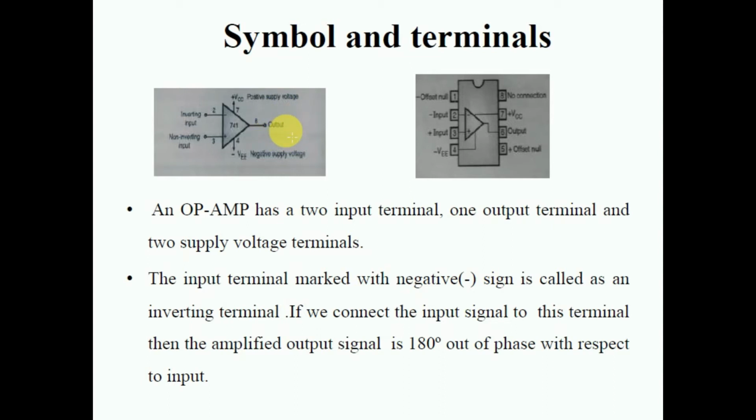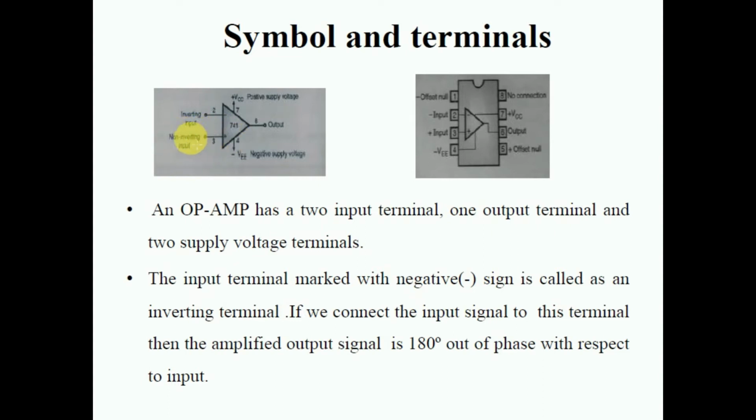That means if I apply a positive and then a negative half cycle, first the positive and second the negative, then the output will be first the negative half cycle and then the positive half cycle. So inversion takes place here, and the non-inverting input is applied here.